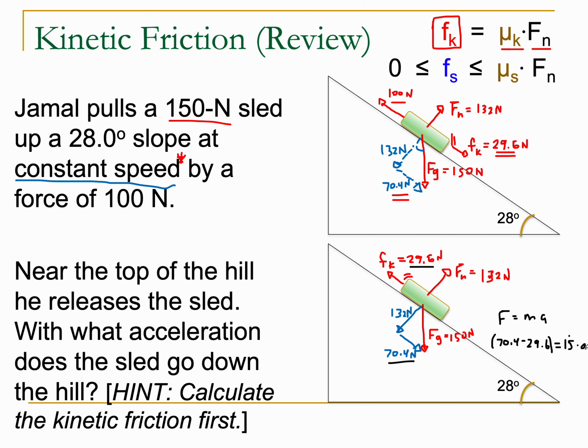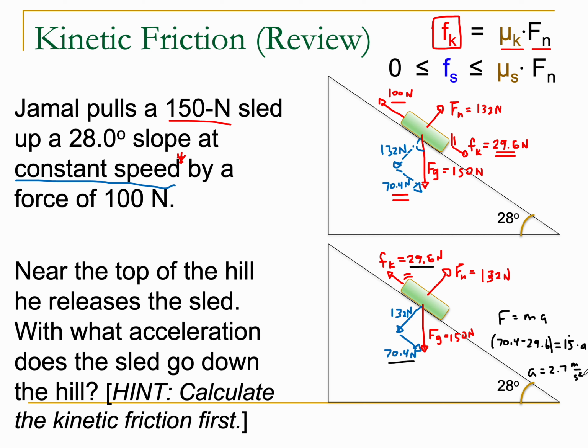And if you solve this, 70.4 minus the 29.6, sorry, give me a quick moment, divided by 15 gives us an acceleration of about 2.7 down the slope. As I quickly write these out, there we go.